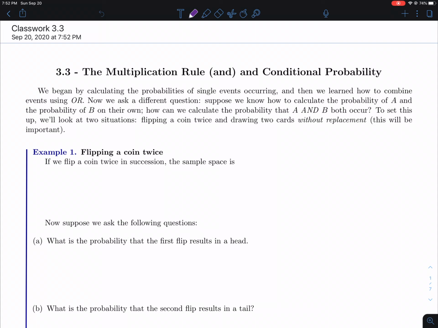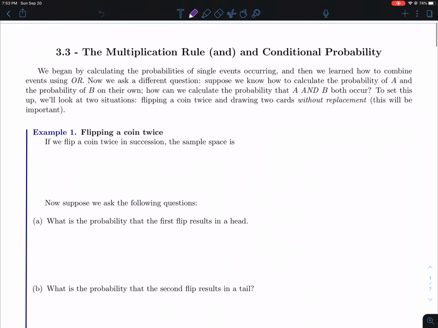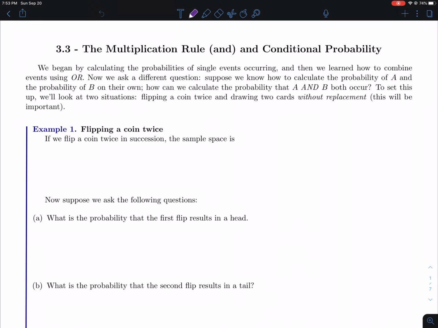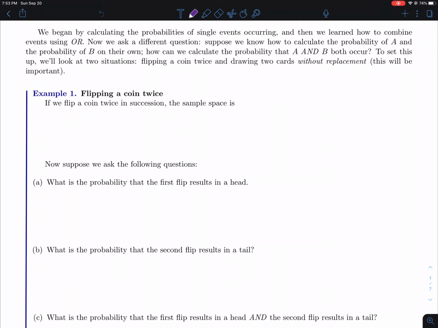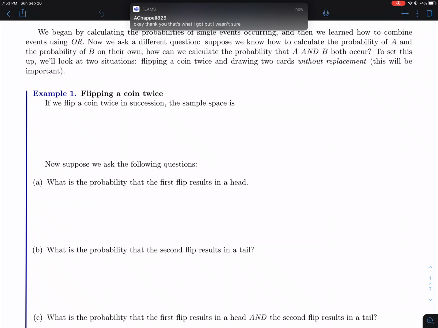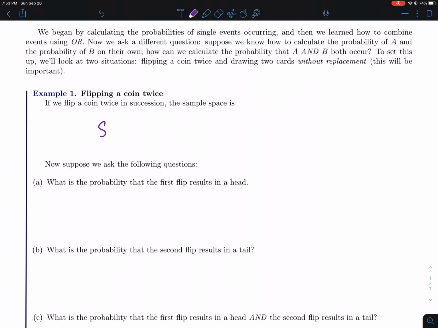So what we're going to do is look at two different kinds of questions here real quick, just to set up the two different types of scenarios we're going to have. So if we look at example 1, flipping a coin twice, the sample space is going to be: we could flip heads and heads, or heads and tails.